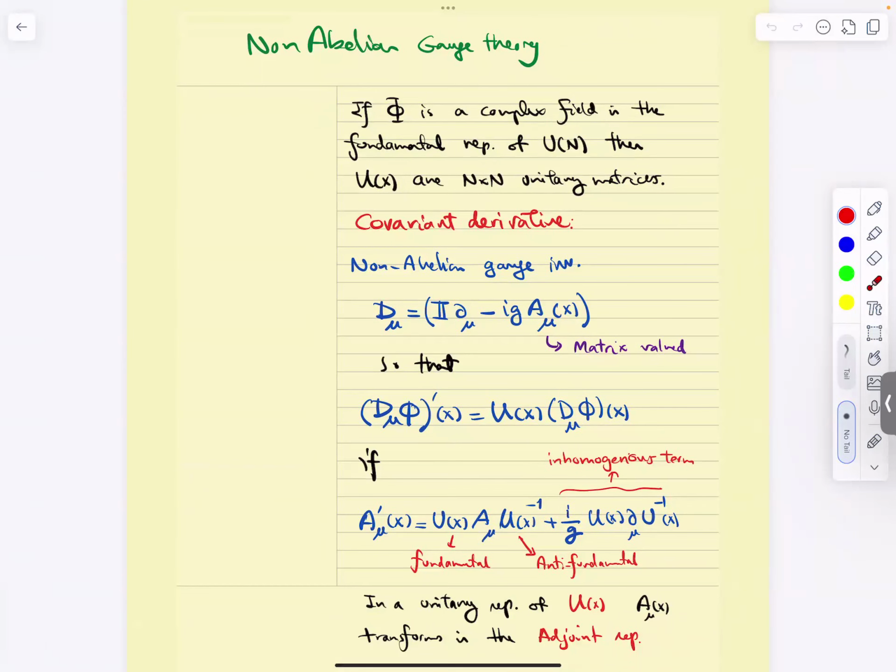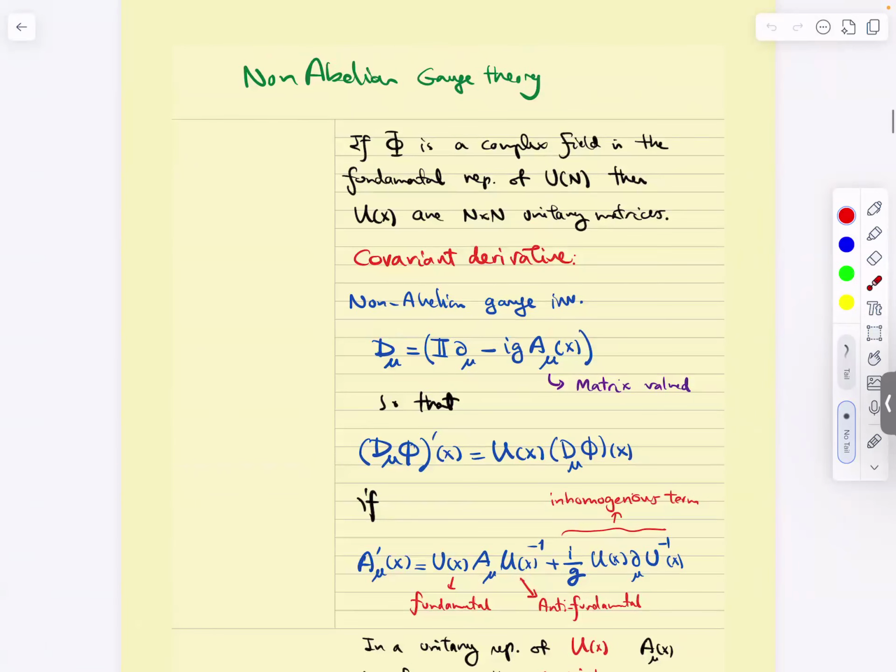So for instance, to start very simple, let's start with the abelian gauge theory first, or actually, no, sorry, not necessarily abelian. Take phi to be a complex field that's in the fundamental representation of Un, right? So there are these n by n complex unitary matrices that act on phi in a position dependent way, and these are gauge transformations.